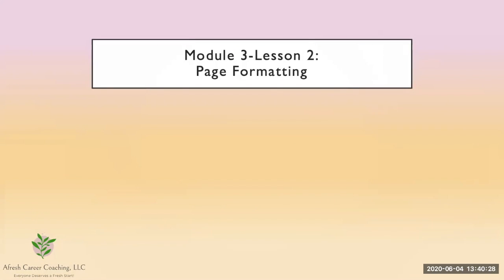Module 3, Lesson 2, Page Formatting. Single-page manuscript formatting is important in order for you to use the proper size. So for a manuscript for a nonfiction book, you want to use an 8.5 by 11 inch page.